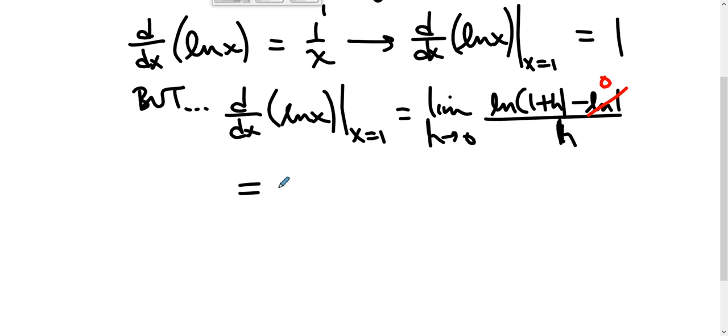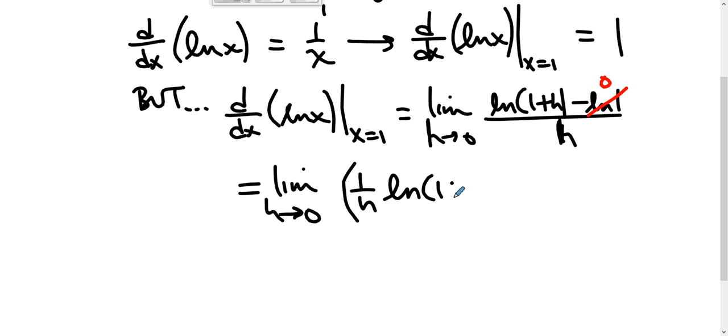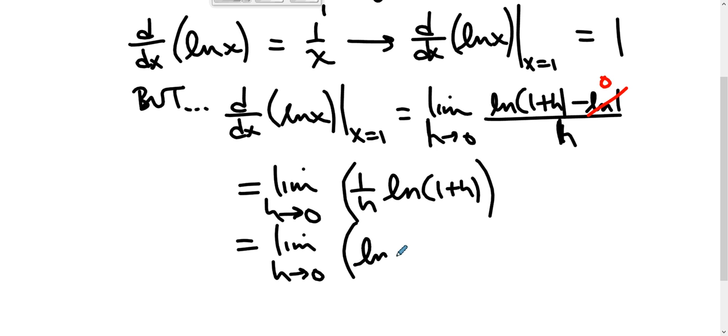And so we can rewrite this as 1 over h times the natural log of 1 plus h. But you and I both know, because we teach Algebra 2, that this power that's in front came from up on high, right?